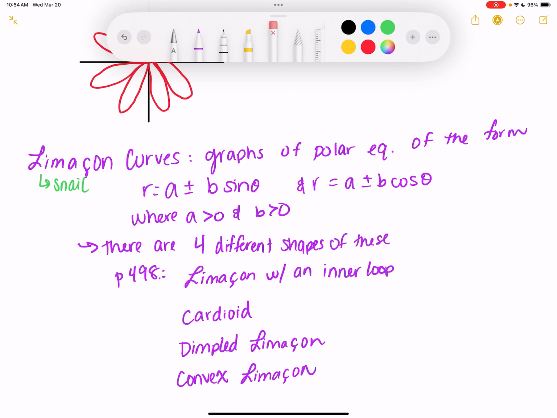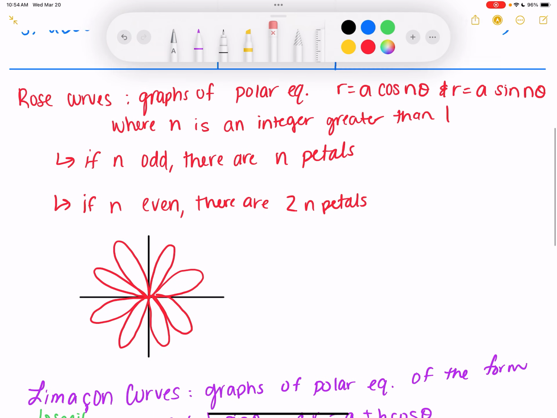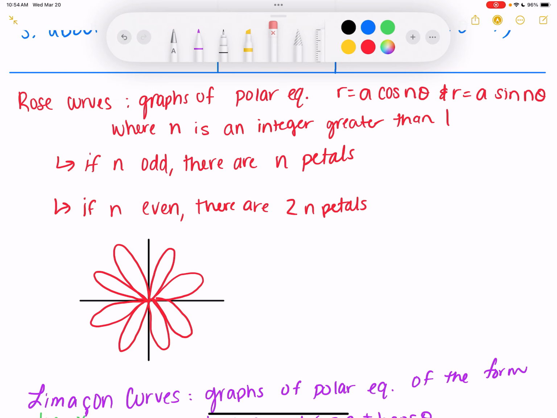The stuff that goes with the rose curves up here about the graphs of them is on page 497, that deals with the domain and all of that. So I'm just going to put graph information up there for the rose curves, is on page 497.